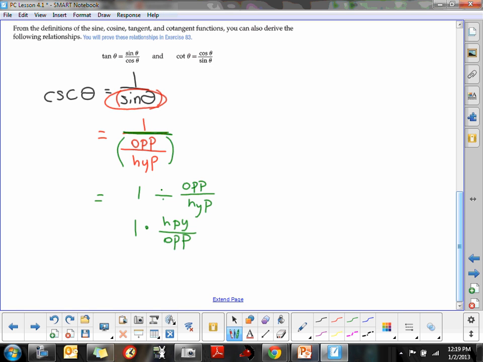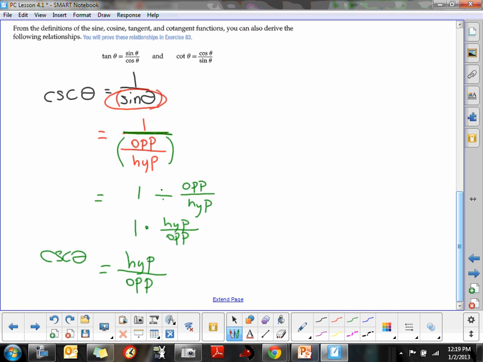And 1 times anything is that thing, so we have hypotenuse divided by opposite, and that is how they define cosecant of theta.